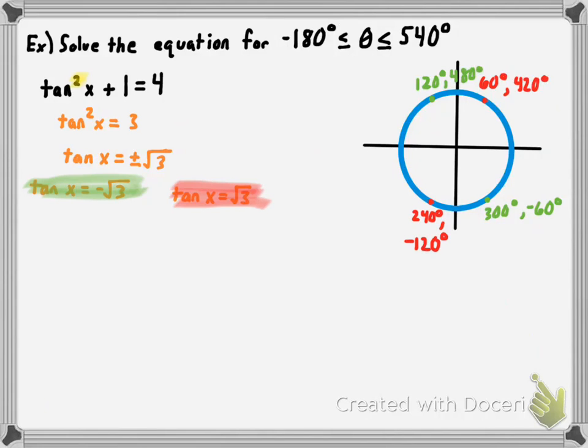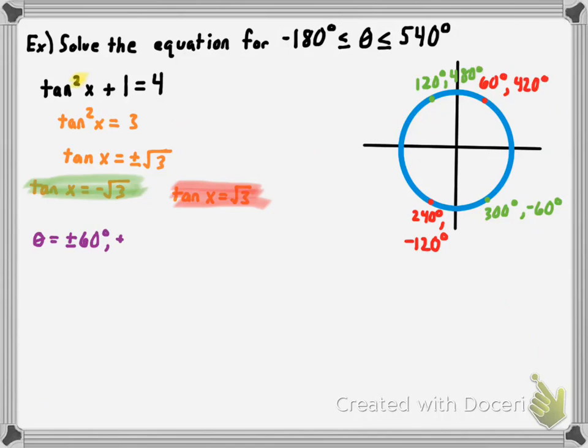Alright, so it turned out that there are 8 solutions to the original equation right here, and they're the 8 that I've got listed on the unit circle right now. And I'm just going to list them out as my answer. You always want to write your answer, don't you, on a quiz or a test. So let's do that. Now in this case, I've got a bunch of things that are opposites of one another. So I'm going to say, for instance, that theta can be equal to either positive or negative 60 degrees.